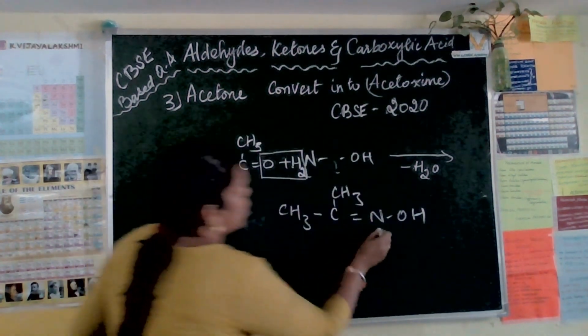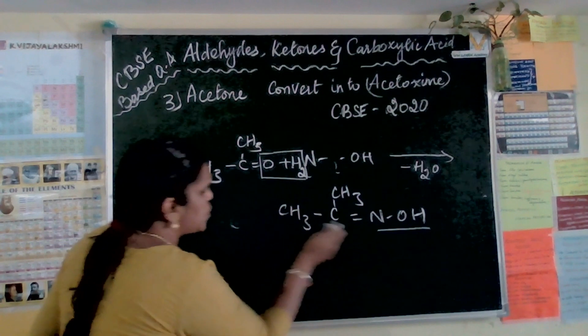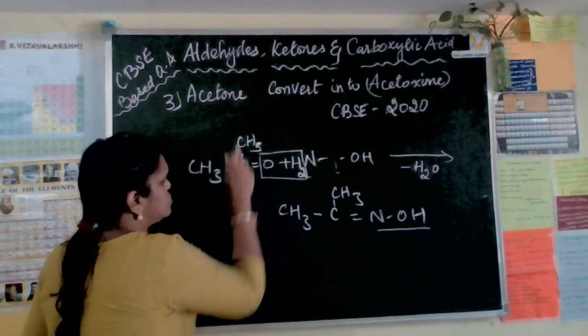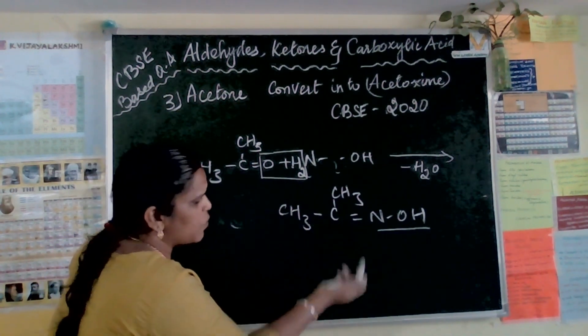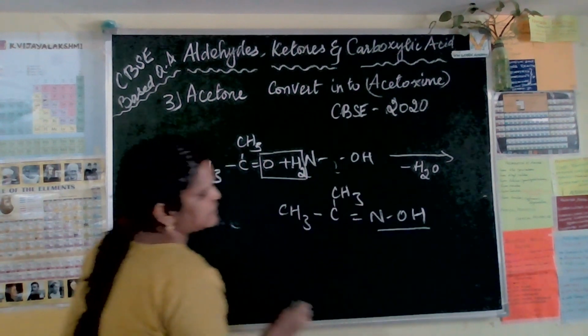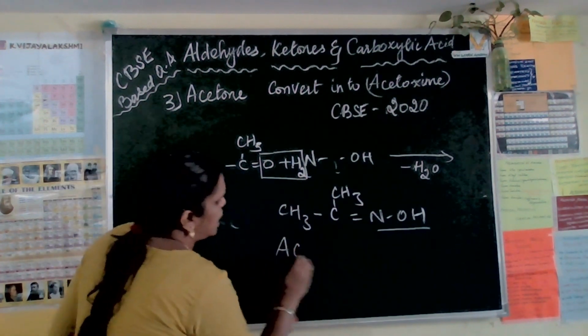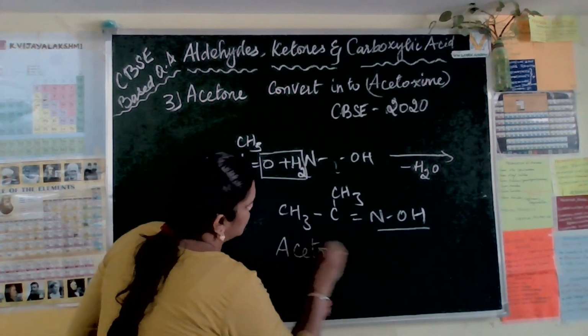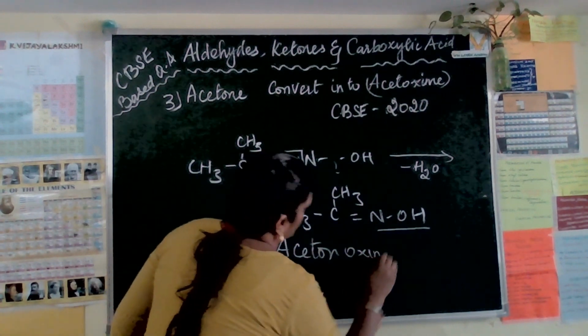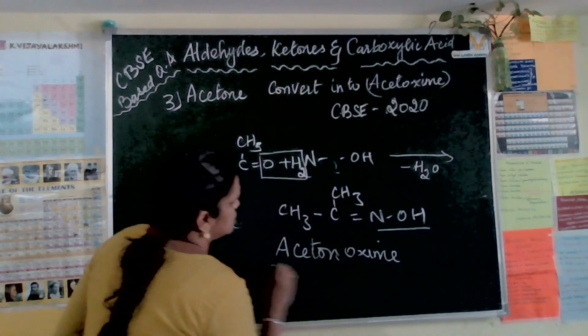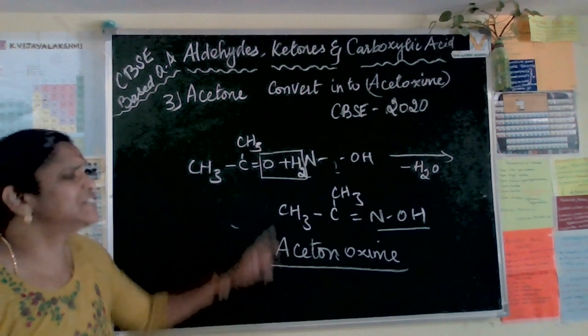This is called an oxime. In the acetone group, CH3, CH3, C double bond O, only the oxygen is removed, and the oxime is formed. So we call it acetone oxime. Got it? It's so simple.